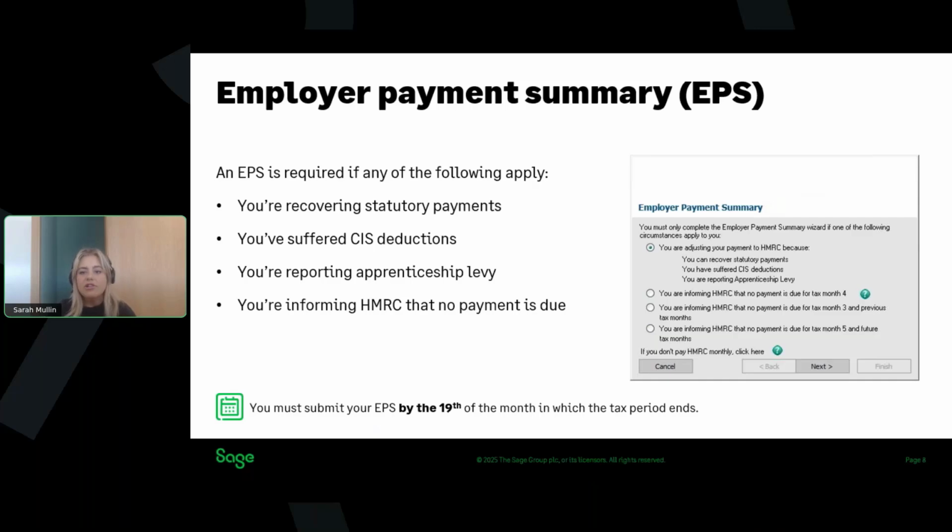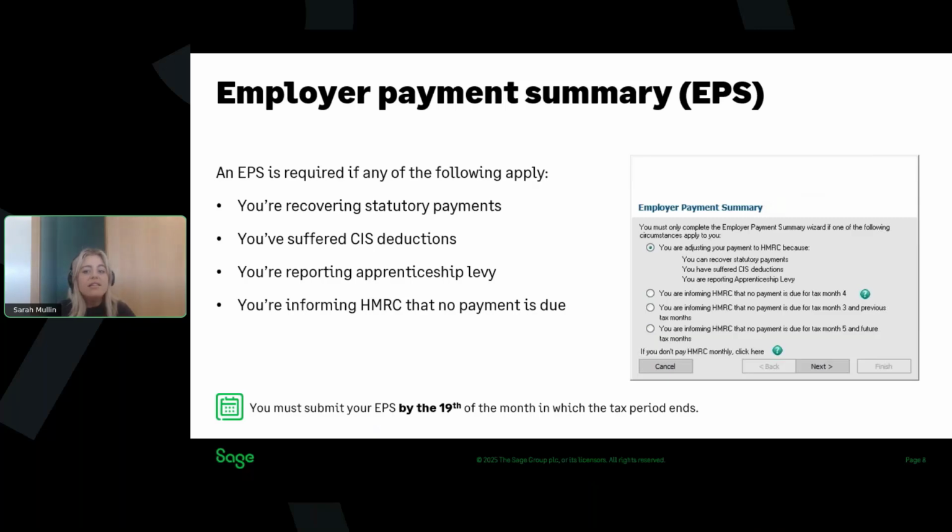Now, the tax, the national insurance and student loans are all going to be reported in your full payment submission. Now, the other items that we looked at there are going to require an EPS to be sent. So what that looks like does depend on the situation. In the case of employment allowance, one EPS is sent when you claim it at the start of a tax year, usually, and that covers you for the rest of that tax year.